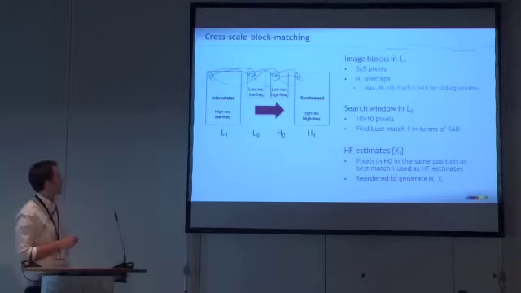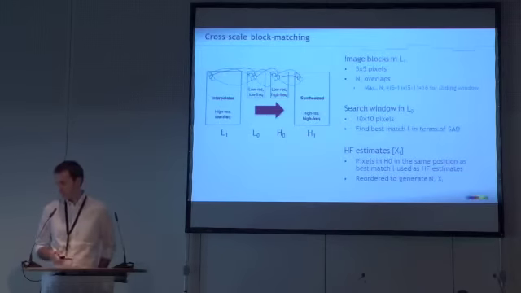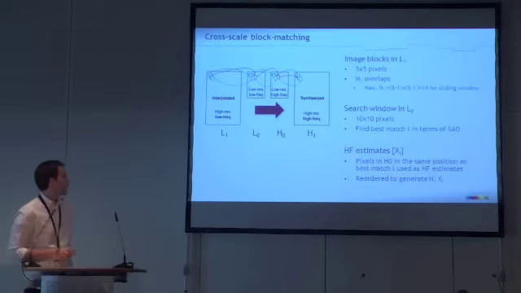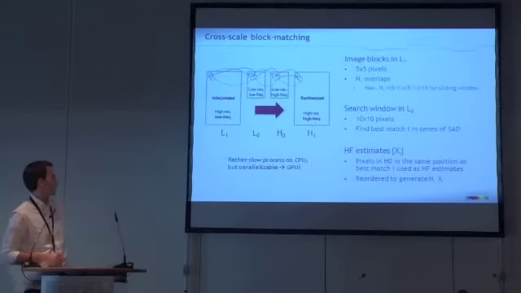When we have obtained the best match, we can take the corresponding high frequency information and use it as a guess to the high frequency information of the upscaled image. Since we have a large amount of overlap, we actually have a number of estimates of the high frequency for each of the output pixels. And these are reordered in order to have a collection of images that we will use as follows.